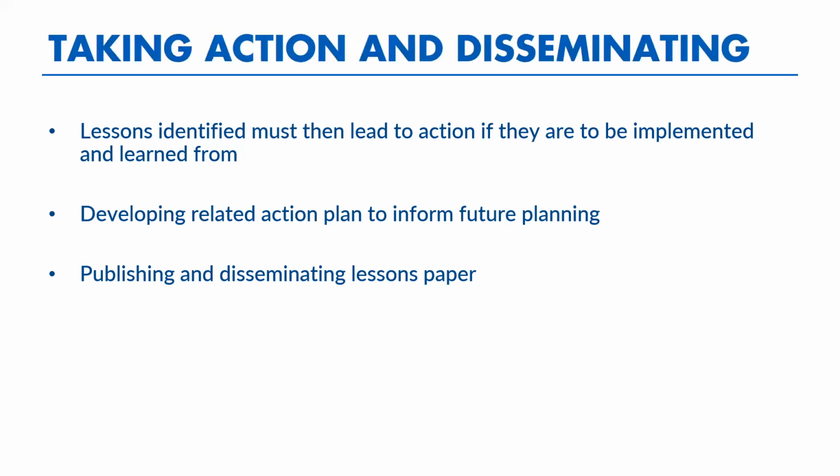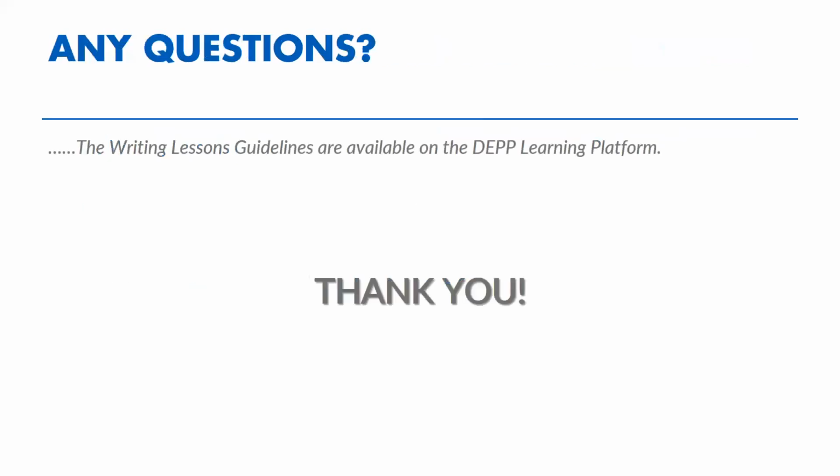The second point is around developing the related action plan, to inform future planning, both for future work around the project, but also other similar projects and projects that might be coming down the pipeline. And then you have publishing and disseminating of a lessons paper, which is generating that evidence that can be shared within the sector. Next slide.